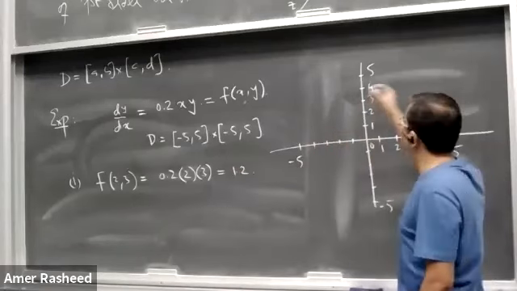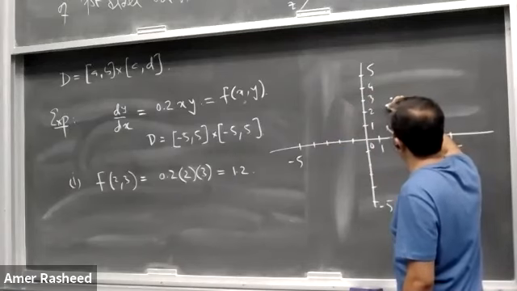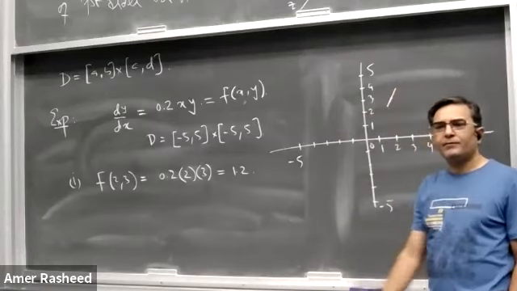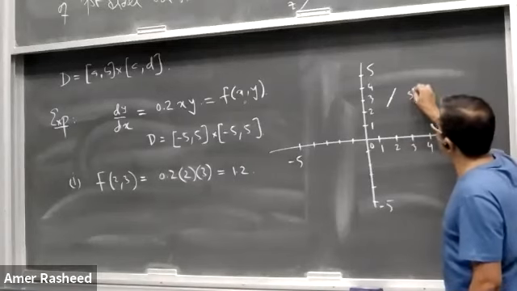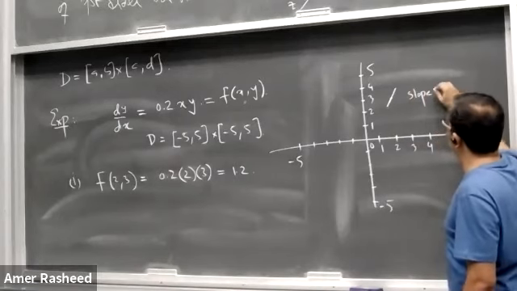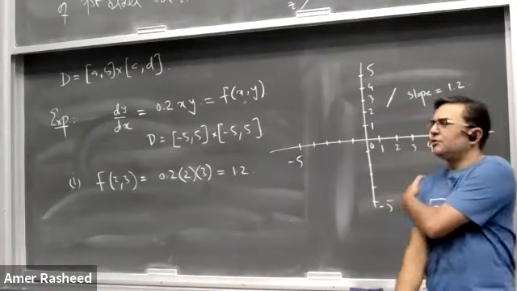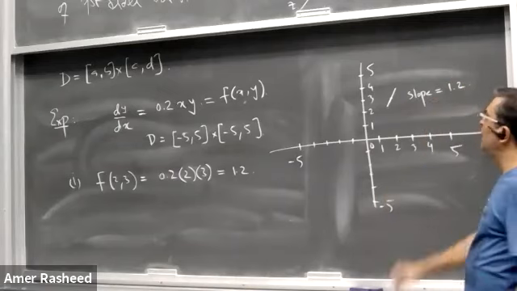It would be something like this. Its gradient is 1.2, approximately this.